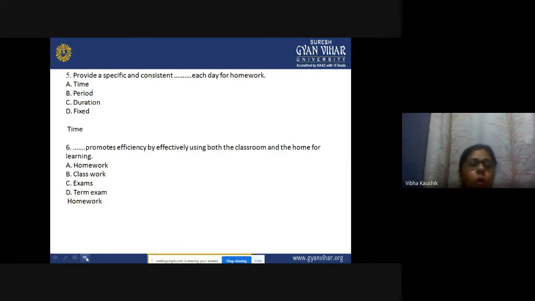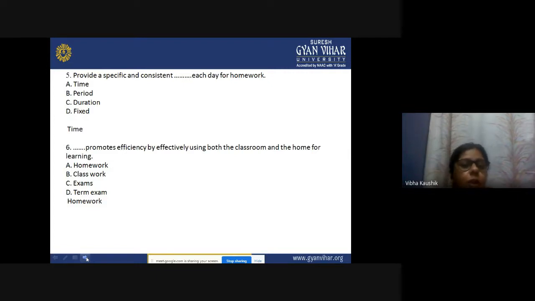Now you have to select the correct one on the basis of the given choices, and the correct answer will be option A, that is time. So time is that which provides a specific and consistent slot each day for homework.